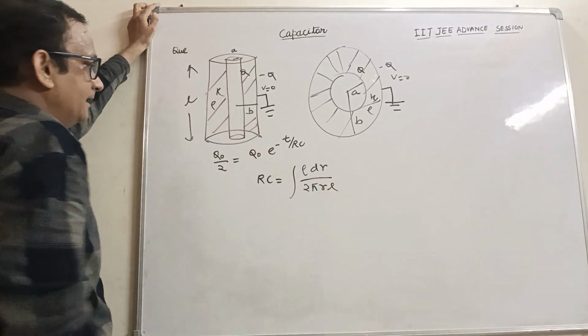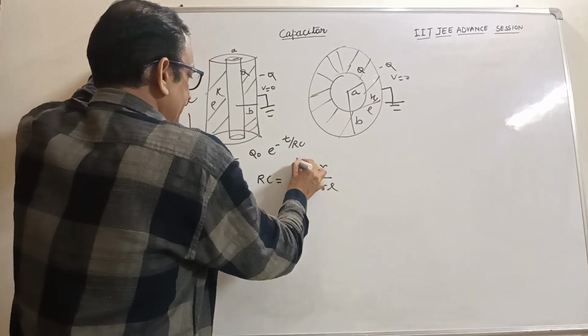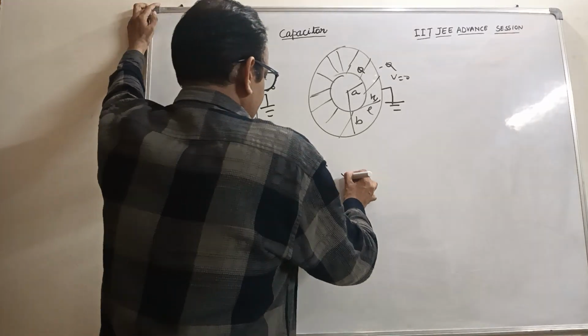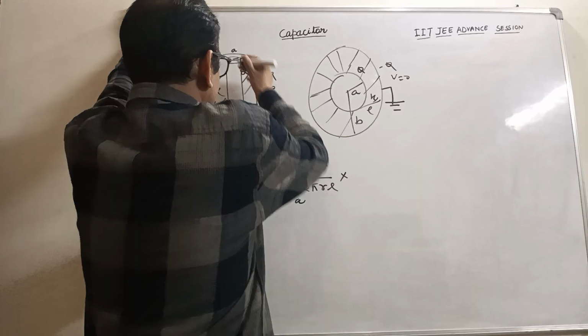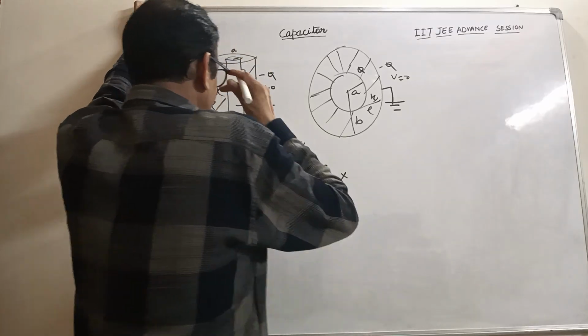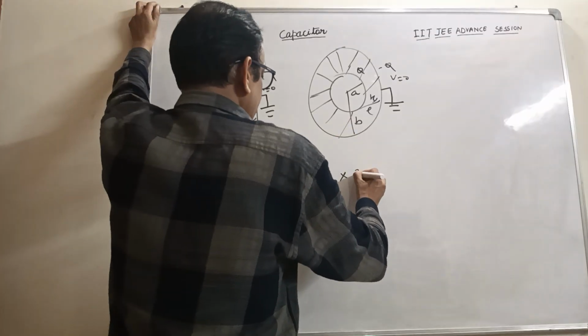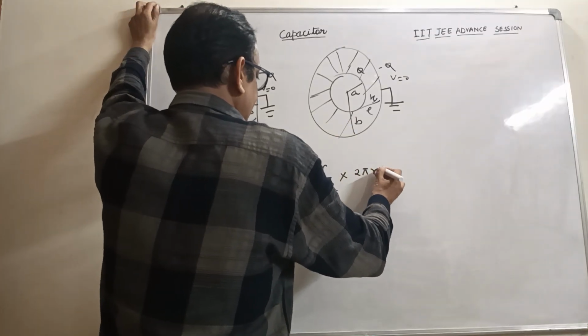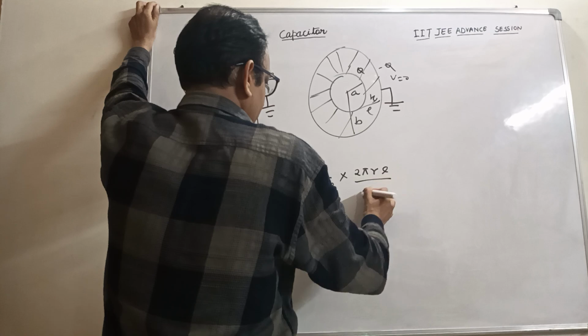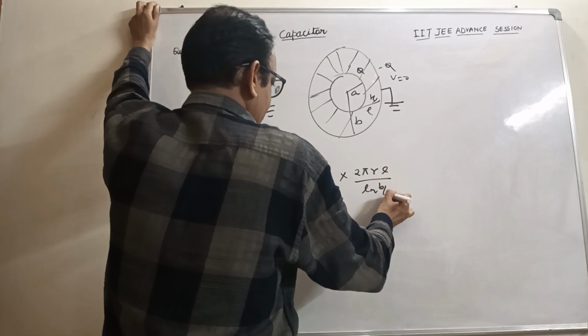This is the area, and the limit would be A to B, and the capacitance we know for the cylindrical case is 2 pi epsilon L upon natural log B by A.